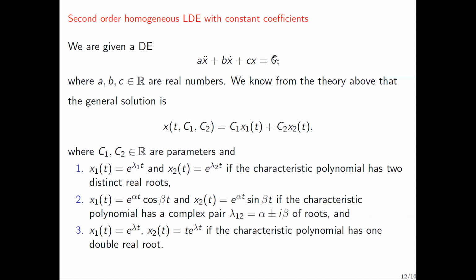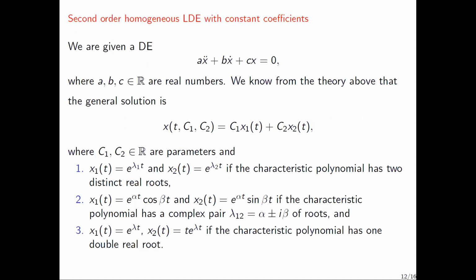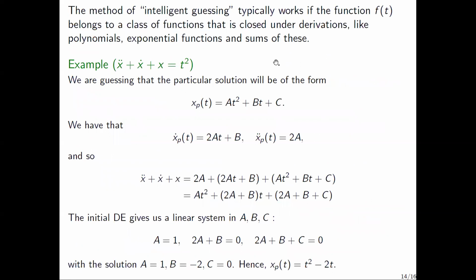If they are not homogeneous, then we have to find also a particular solution. And in some cases, it's very easy to guess one of the solutions. And we looked at a few examples at the end. So the first example was when we have a polynomial on the right-hand side.